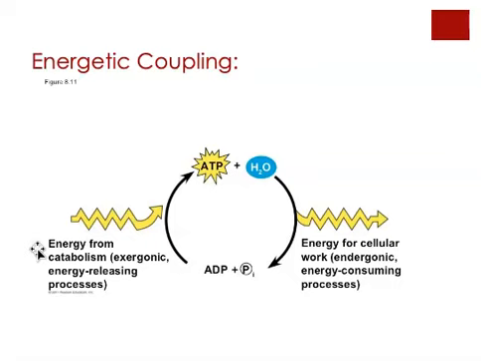Energy is released. If the cell didn't do something to harvest that energy at that moment, some of that energy will be lost as heat to the universe. The cell wants to grab onto that energy right now and hold on to it so it doesn't get lost.